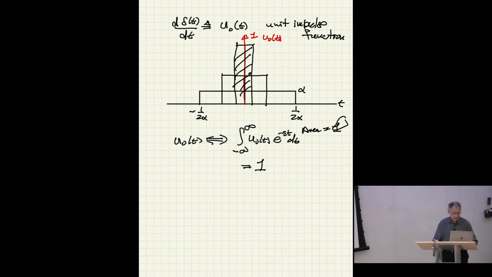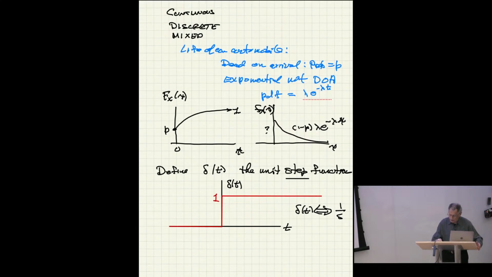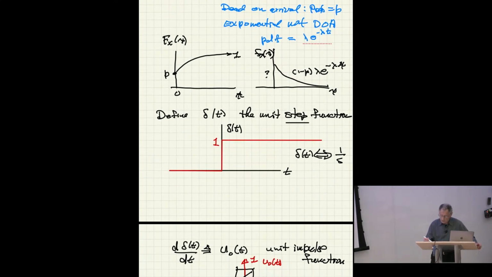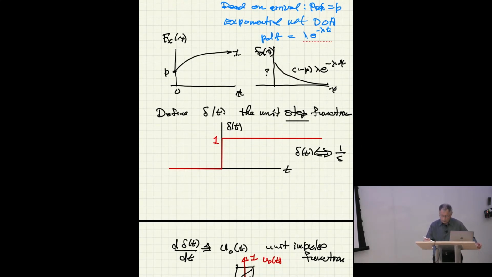Okay. Now, having said that, I'm going to go back to my little example of the dead on arrival car. Then what can I draw where the question mark is? I'm differentiating a function which is 0, takes on the value p, and stays on the value p forever. What is that? It's an impulse of what area?